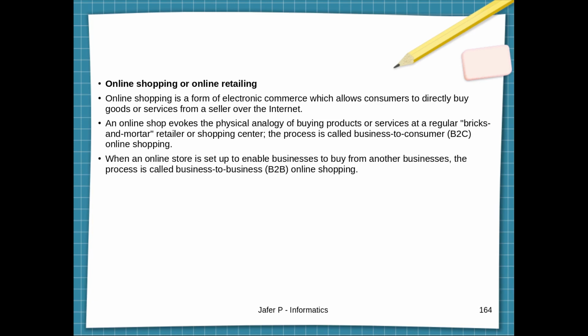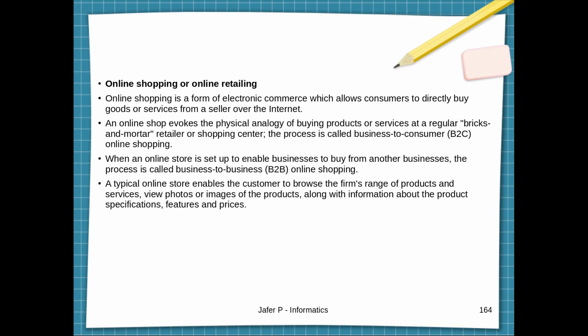Once they purchase agricultural products from farmers using their online websites, they will sell those products through the same online website. That kind of business is called business to business. As far as the farmer is concerned, if he is selling product to one person, that is business. And as far as the vendor is concerned, those who are buying products from farmers, they are buying products and they are selling. So there is another business over there. So this kind of business is called business to business online shopping.